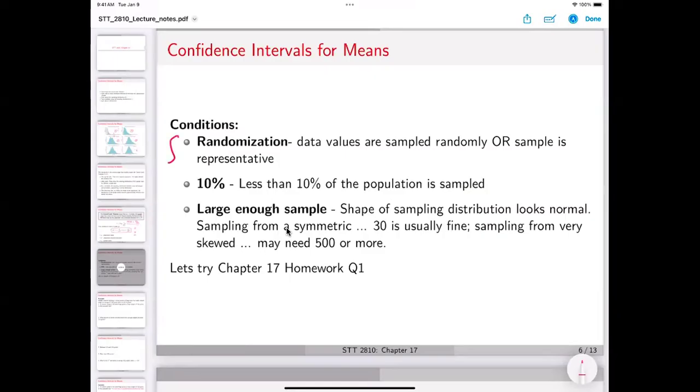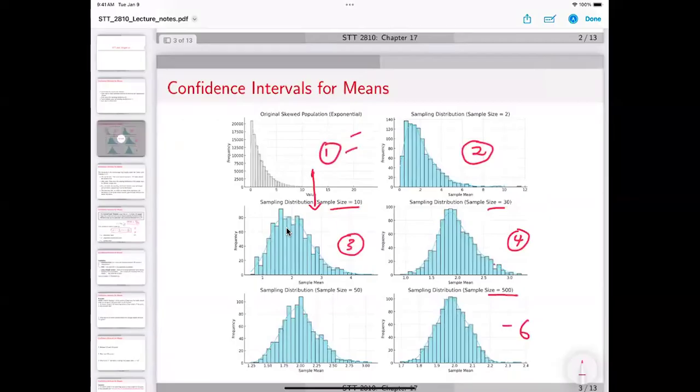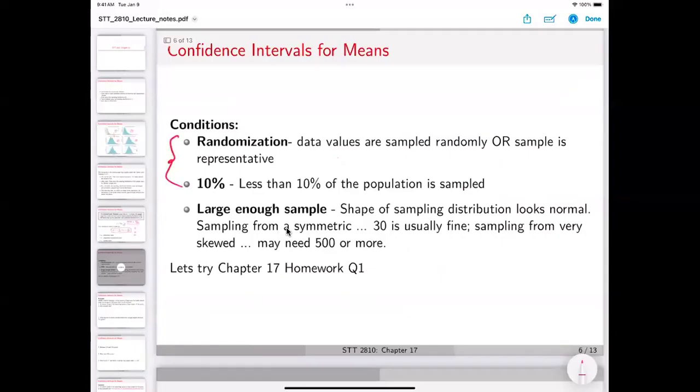I think we already spoke about these two in chapter 16 when dealing with the proportion. And also, we want the sample size to be large enough so that the shape looks more normal. So these are the conditions that the distribution should meet so we could be able to use the normal distribution.